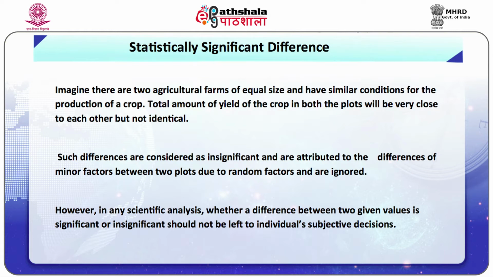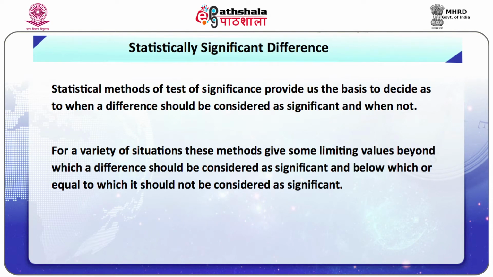However, in any scientific analysis, whether a difference between two given values is significant or insignificant should not be left to the individual's subjective decision or choice. Statistical methods of test of significance provide us the basis to decide when a difference should be considered as significant and when not.